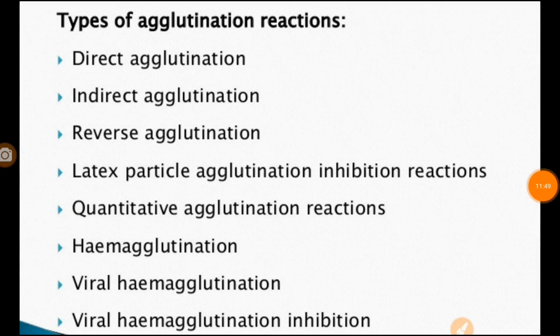If you see the types of agglutination reaction: direct agglutination, indirect agglutination, reverse agglutination, latex particle agglutination, inhibition reaction, quantitative agglutination reaction, hemagglutination reaction, viral hemagglutination reaction, and viral hemagglutination inhibition reaction.